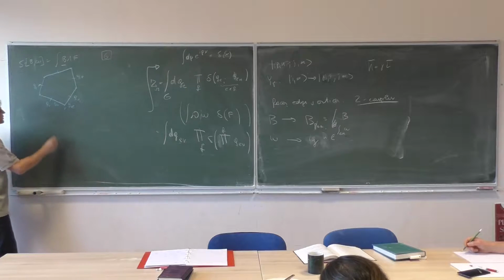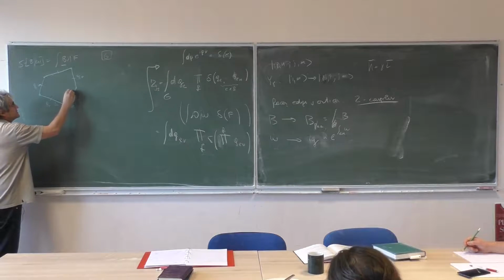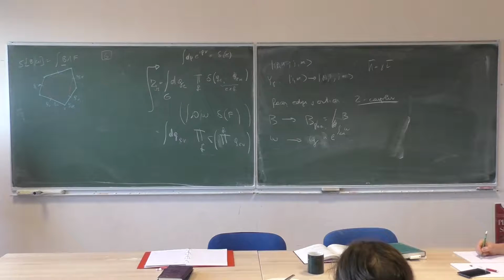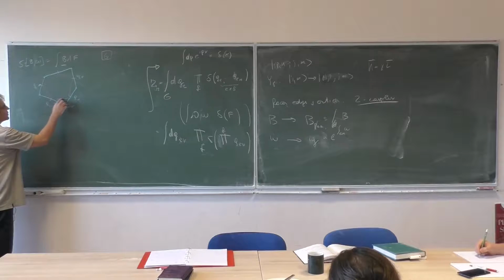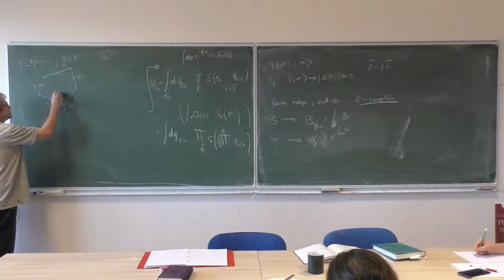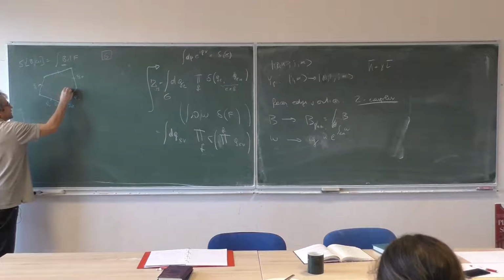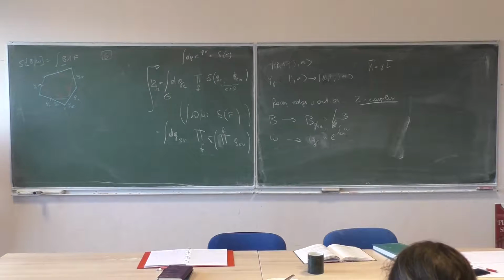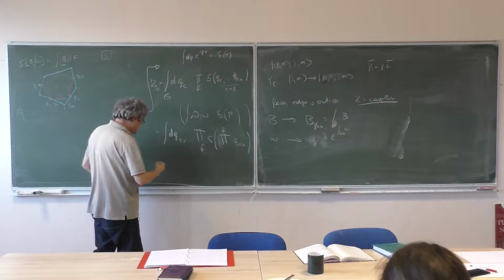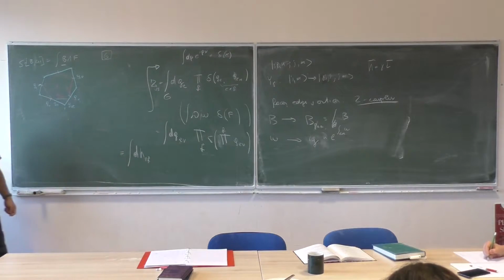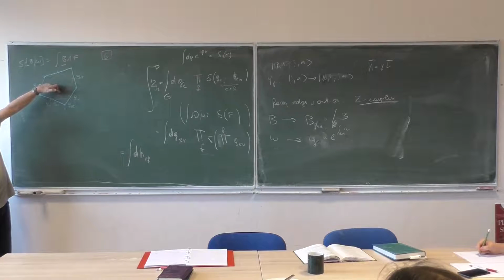And then I want to introduce group elements here. It's just cosmetic, but it's going to be very useful to do the relativity one. So I want to have a group element here, which I call H vertex face, H vertex face, and so on. So this is a face. And I want to rewrite this as the product of these dH vertex face, where I trade these two for this.